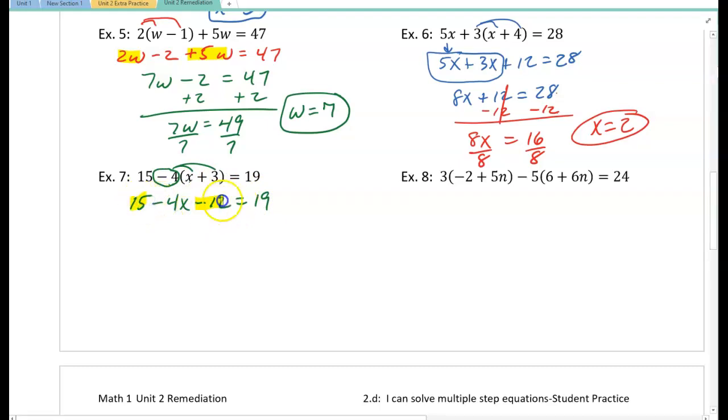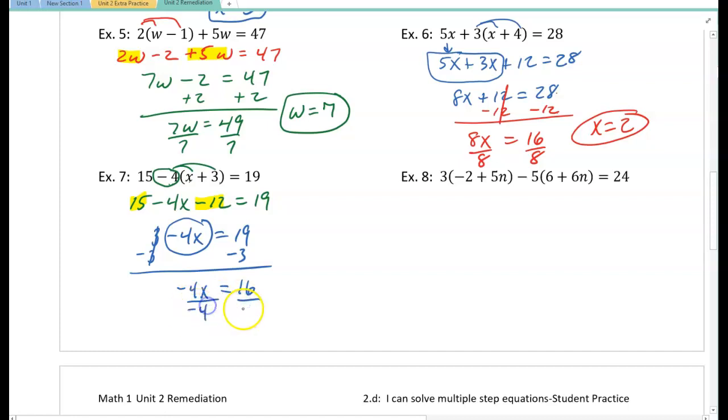I can combine the 15 with the negative 12. 15 minus 12 gives me 3 minus 4x equals 19. Since 3 is positive, I'm going to subtract it from both sides. But what do I have to bring down here? Negative 4x equals 19 minus 3, which is 16. Now I can go ahead and divide by negative 4. 16 divided by negative 4 is negative 4.